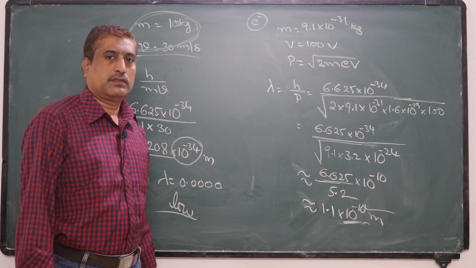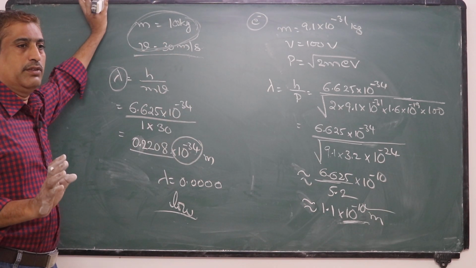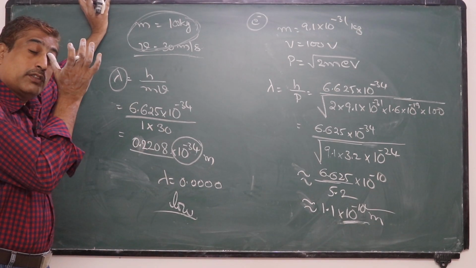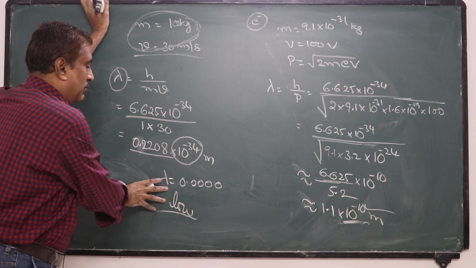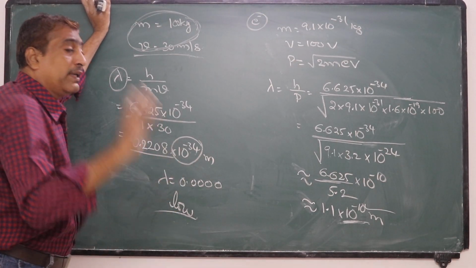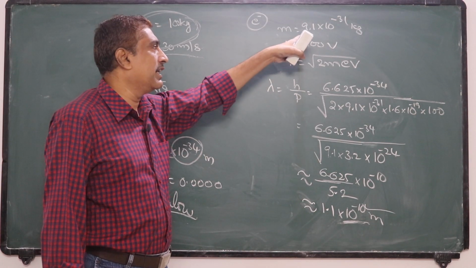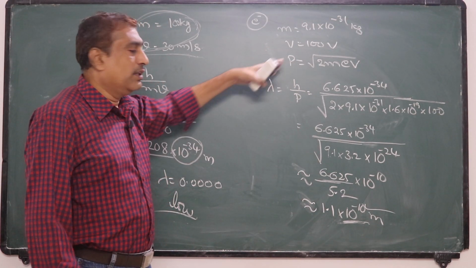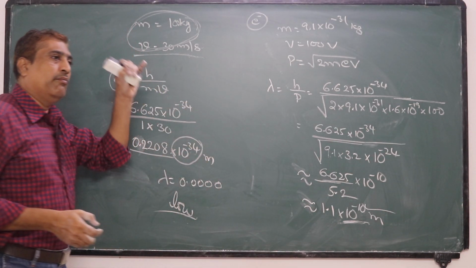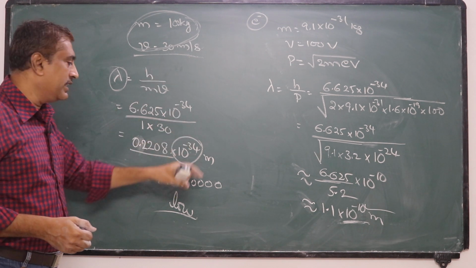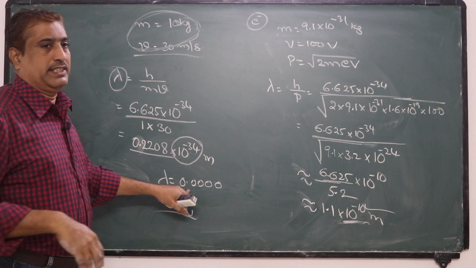So all the moving objects are associated with waves, and those waves are matter waves, but those matter waves are insignificant in the case of massive bodies, and significant in the case of microscopic particles such as electrons, protons. So we can differentiate with the wavelength. Massive particles have a small wavelength, so they exhibit particle nature.